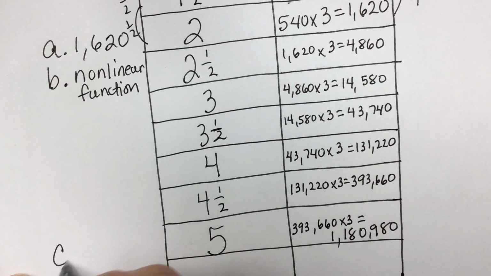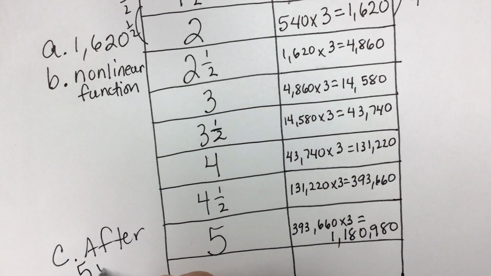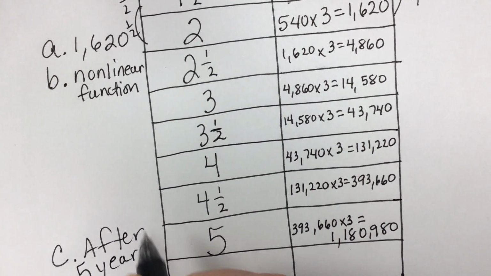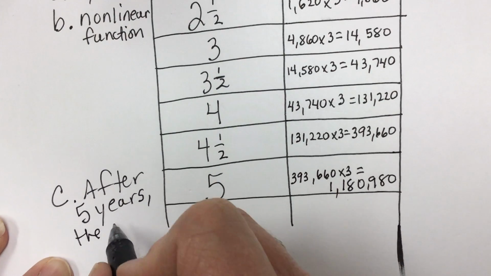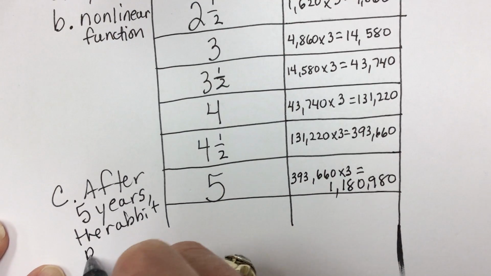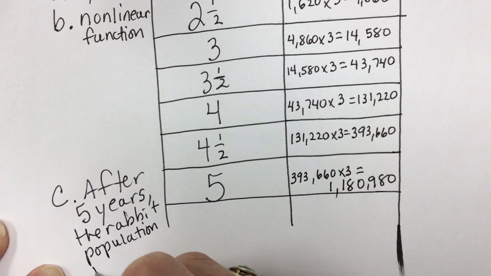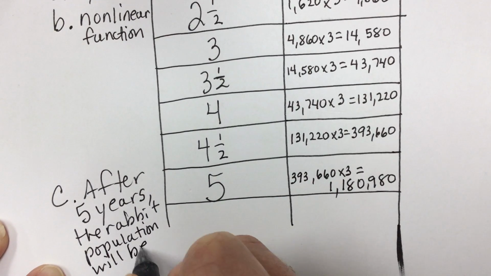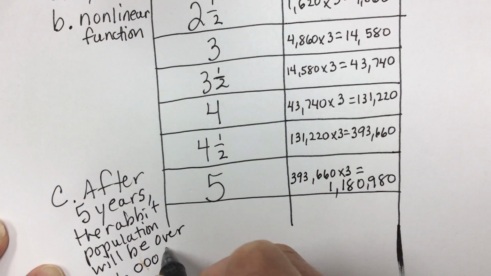So the answer to C part is after 5 years, the rabbit population will be over 1 million.